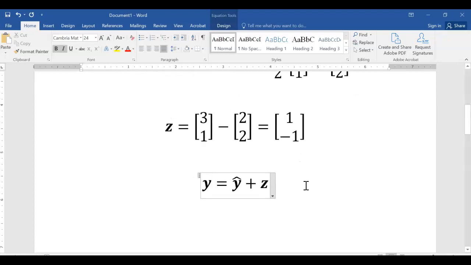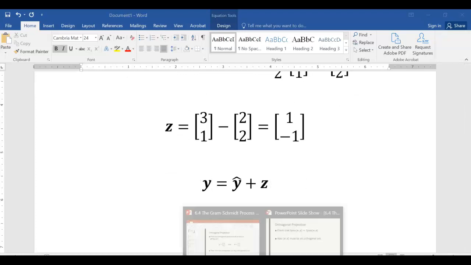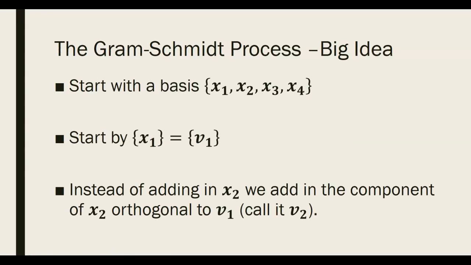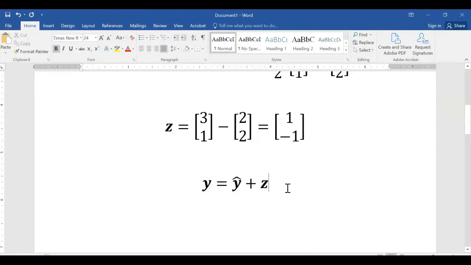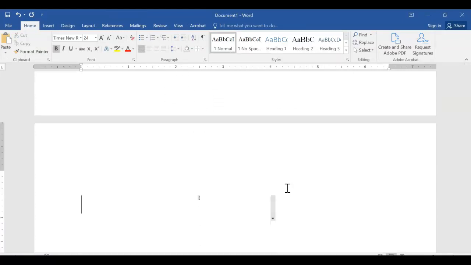All right, now let's think of a linear combination. Let's think of the span of {v, y}. Anything in the span of {v, y} can be written as a linear combination of v and y.